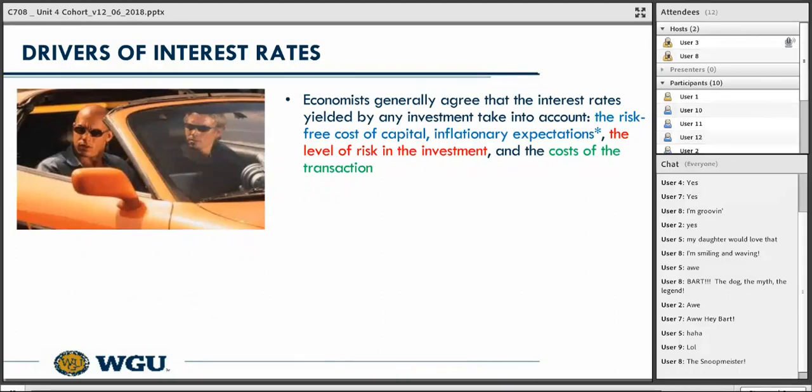So, interest rates yielded by any investment take into account several components: the risk-free cost of capital and inflationary expectations, the level of risk in the investment, and the cost of the transaction. So if you think of these, it's sort of like a menu, and you're picking items or you're including items, each of which have a cost, and when you factor them all in, you've got your interest rate.